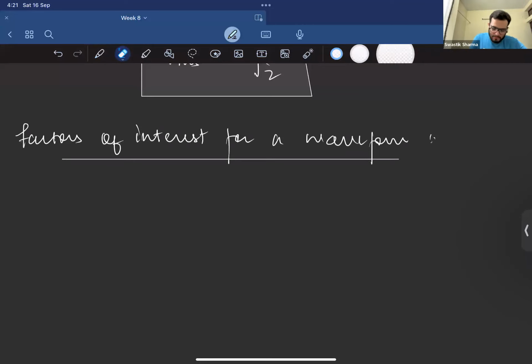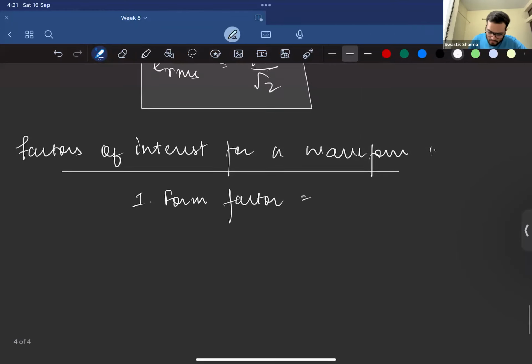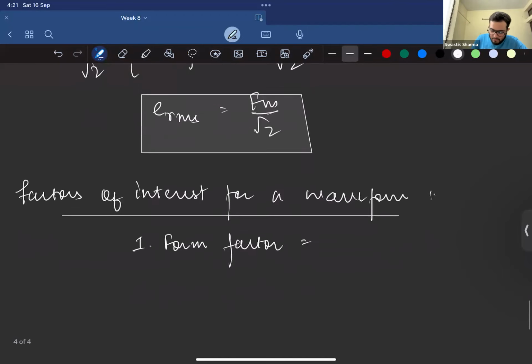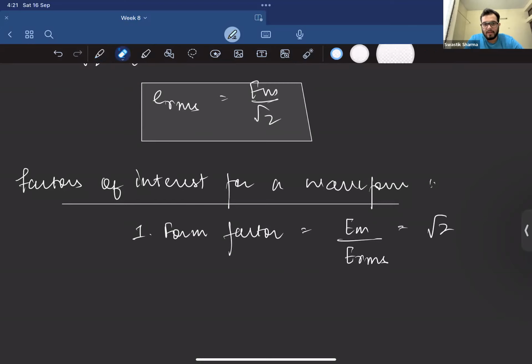So someone can ask, what is form factor? So it's the ratio of the maximum value upon the RMS value. So let's say for our sinusoidal EMF, what is it going to be? The maximum value is Em and the RMS value is Em upon root 2. So that would come out to be just root 2, right?